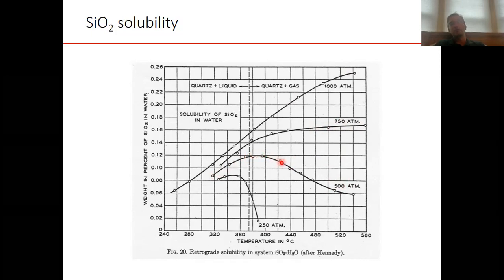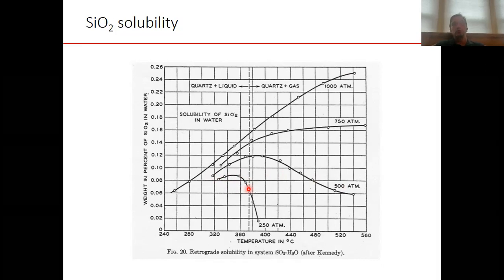That is of course something which is unwanted, because crystal growth rates increase with increasing temperature. So if I go to even lower fill rates and even lower pressures, the solubility even starts to decrease somewhat before the supercritical temperature is reached.